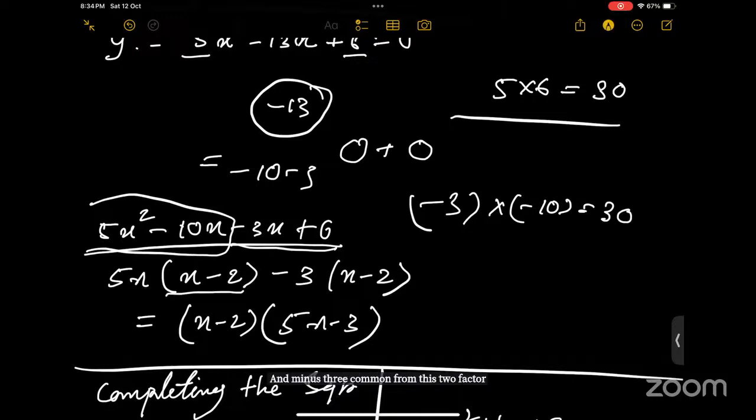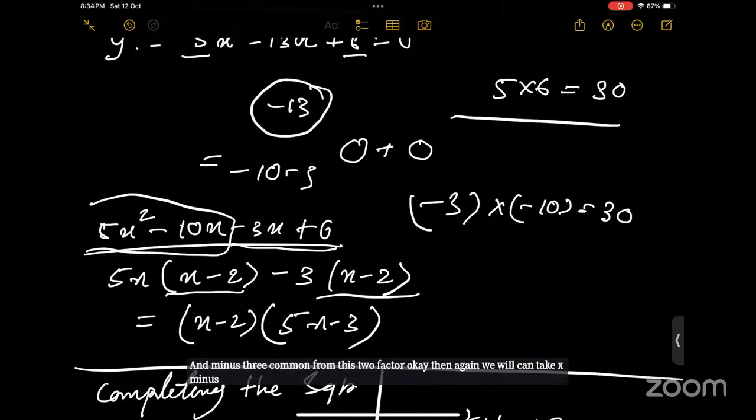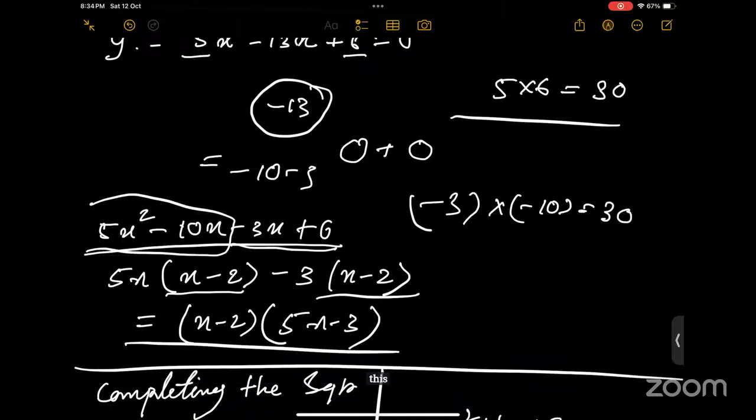Then we can take the factor x minus 2 as common, and then we will get this. That is how, using the FOIL method, we can express an equation from the standard form to the intercept form. Okay, it's clear now.